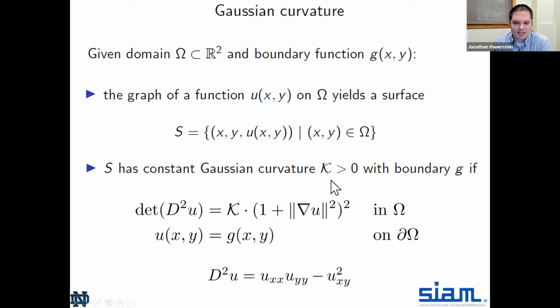So they have a constant Gaussian curvature K if they satisfy this system of equations. And you see that you have this boundary function G on the boundary of your domain. So given a domain and a boundary function, find a surface with a constant Gaussian curvature. So you have to solve this system of differential equations.